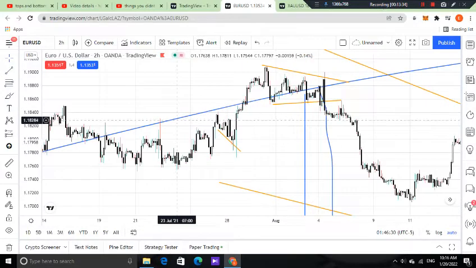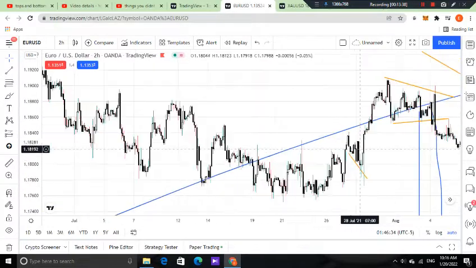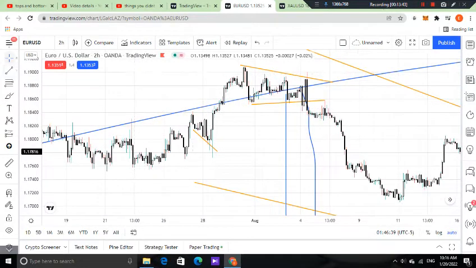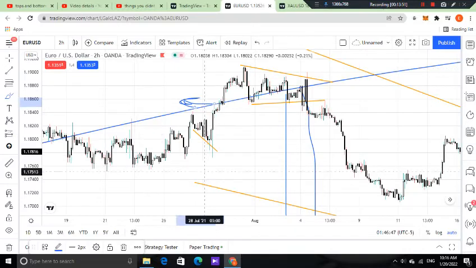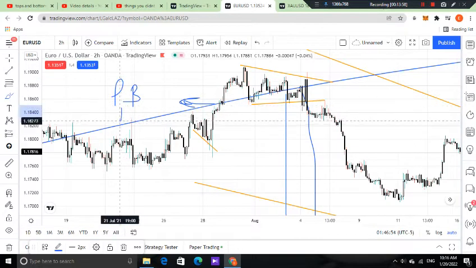Got it. First one, second one, and third. And after that, bear breakout. These are pullbacks, and we call them flags. They don't reverse the trend, they don't make a trend reversal. They are just pullbacks in a flag pattern.